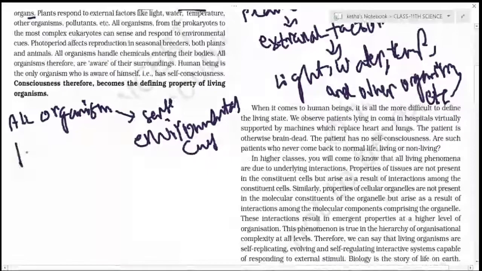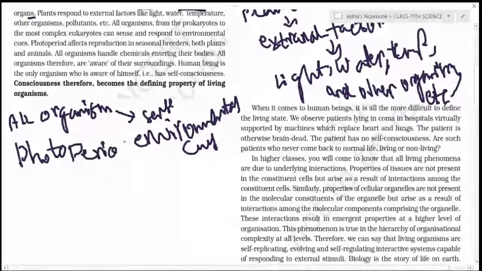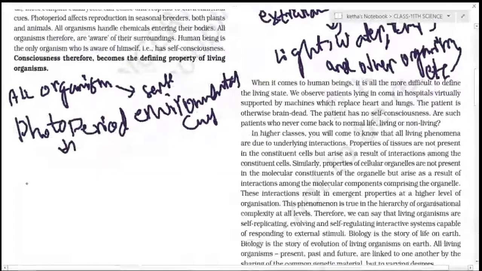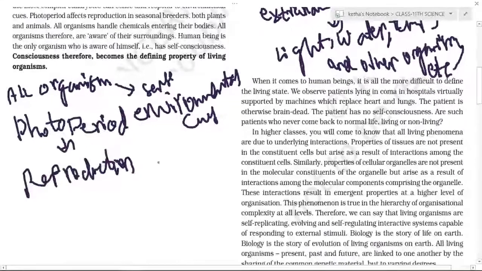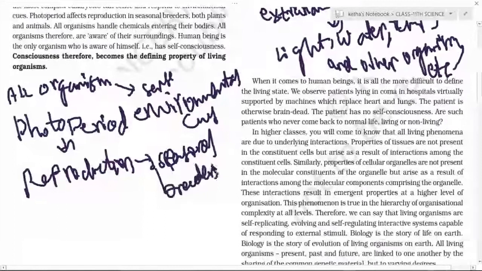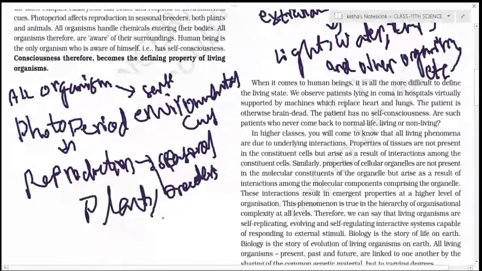If we see the photoperiod, it can affect the reproduction rate in seasonal breeders. So it affects both plants and animals.